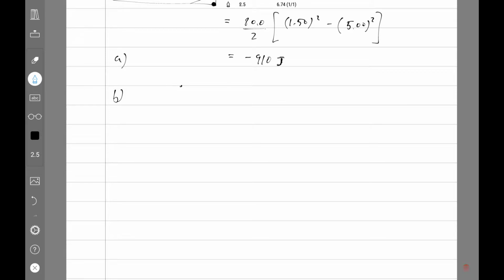Well, if this is me on the bridge, at some random point on the bridge, there's going to be a normal force on me due to the bridge. I'm going to have my own weight, so the force of gravity exerted on me, and then something about F applied. Somehow my legs are generating a force and putting energy into the system.